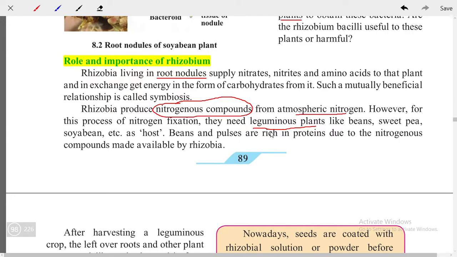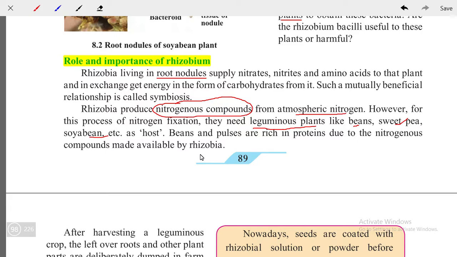And which are the leguminous plants? Examples: beans, sweet pea, soybean, etc. Beans and pulses are rich in proteins, due to the nitrogenous compounds made available by rhizobia. म्हणून अशा डाळी ज्या आहेत, pulses and beans, यांच्यामध्ये प्रोटीन खूप जास्त असते. ते प्रोटीन कशापासून येतं?